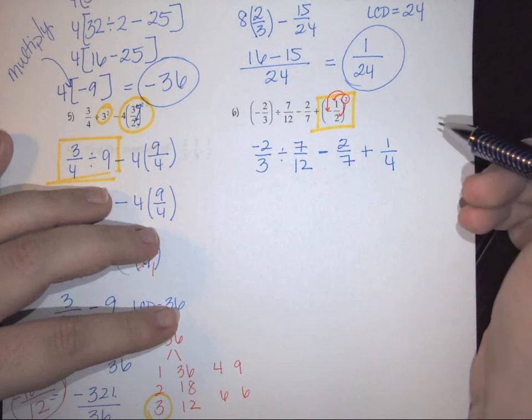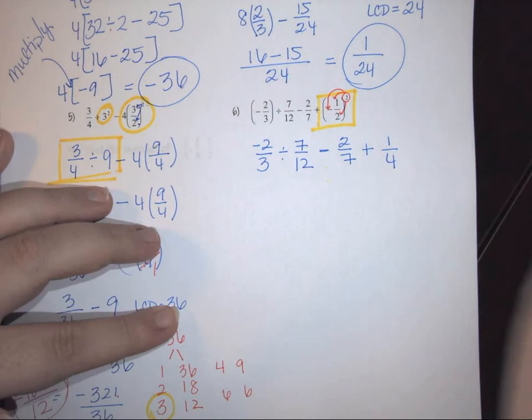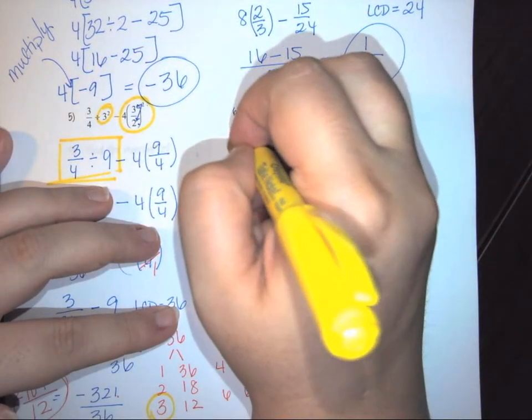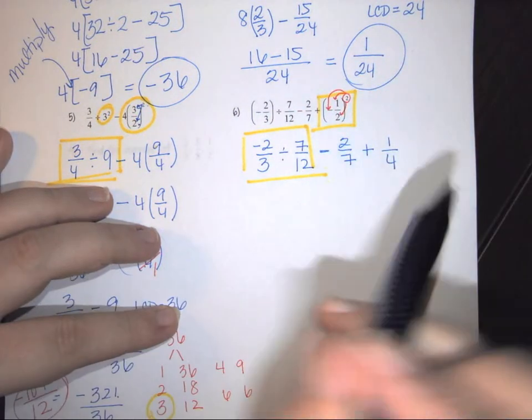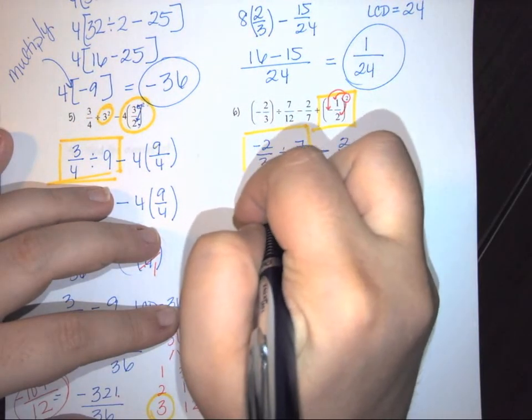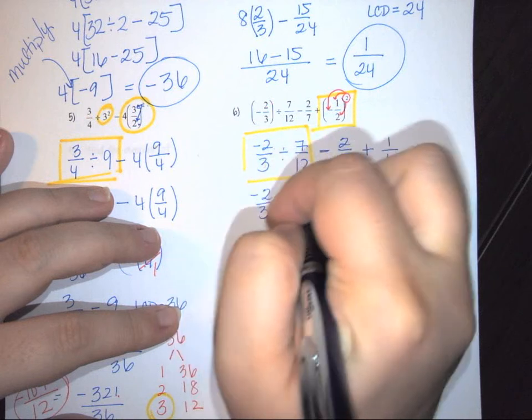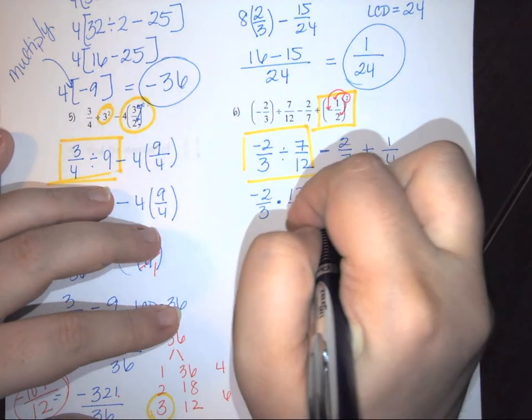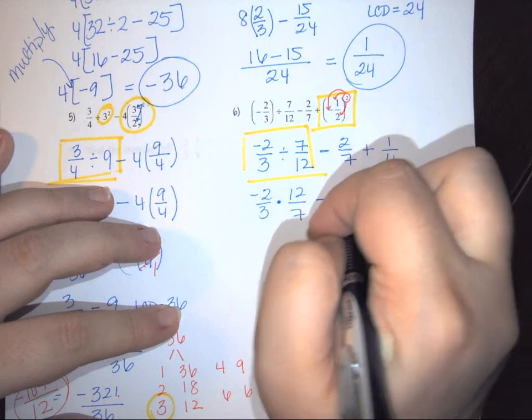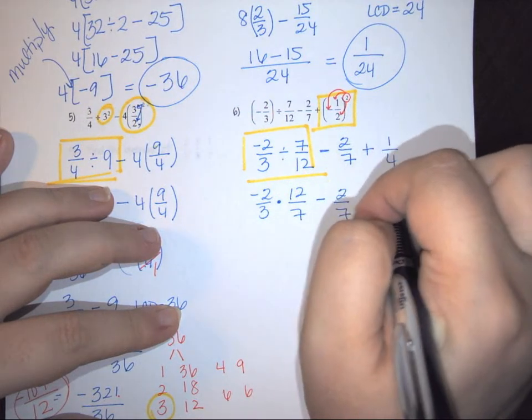I've got no other exponents, so I move on to the multiply divide. The first thing I come to, left to right, is my first 2 terms. So this is going to be negative 2/3 times 12 over 7 minus 2 over 7 plus 1 over 4.